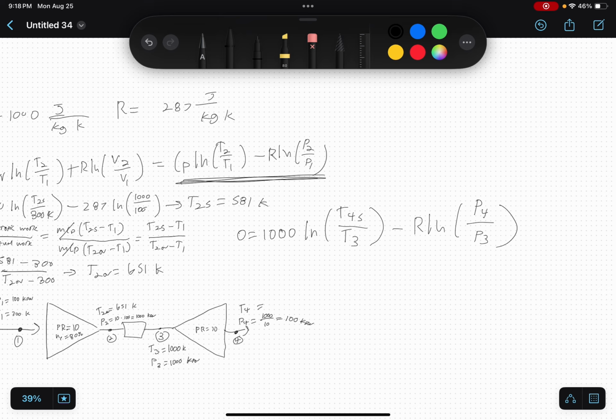I think that's right. The 4 and the 3 might be swapped top and bottom, but let's see what this gives us. Oh, I didn't write out what R was, but that's fine.